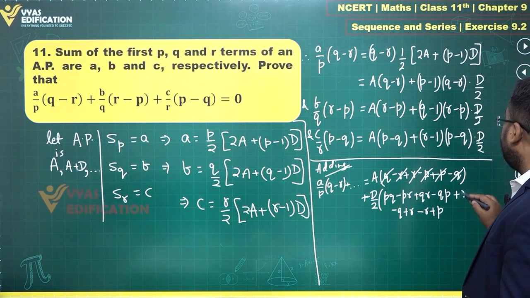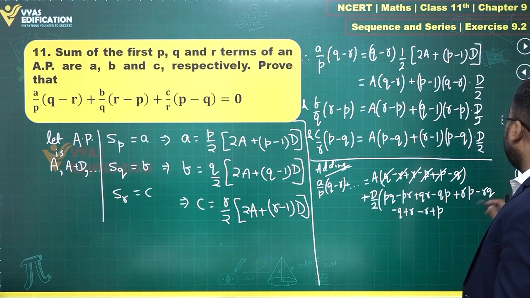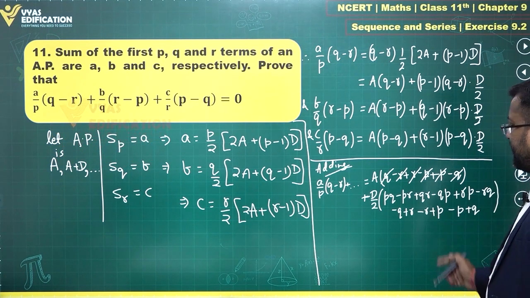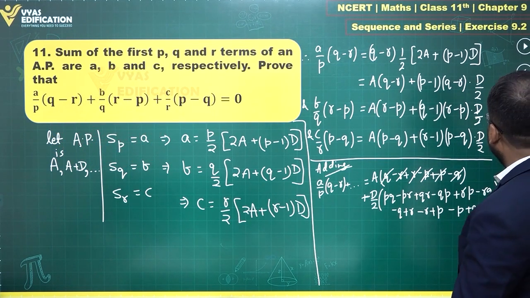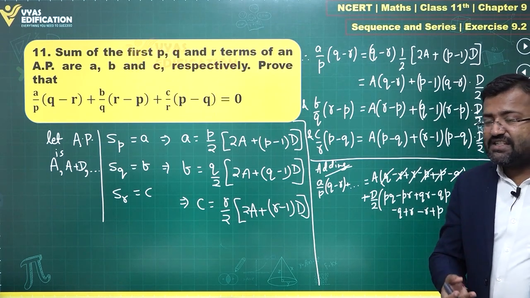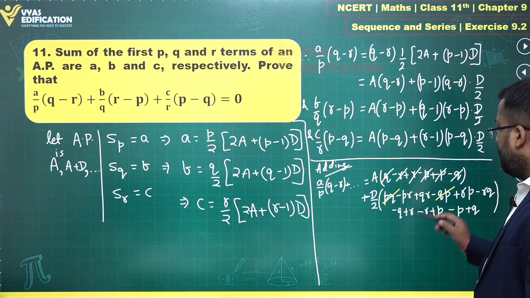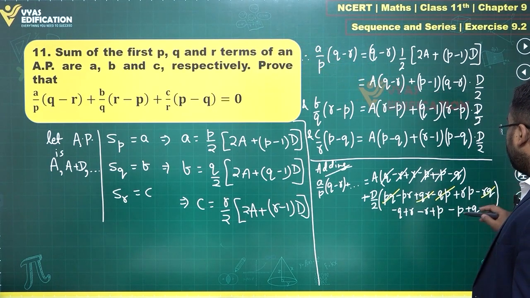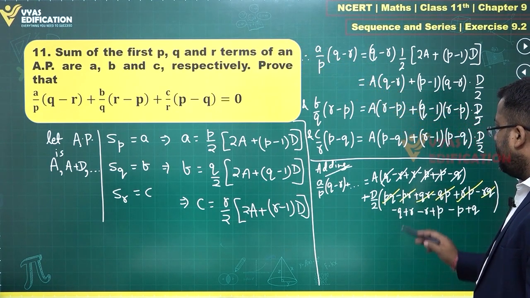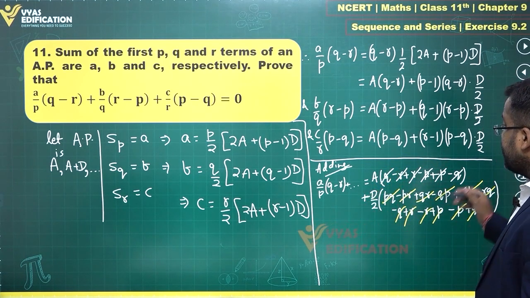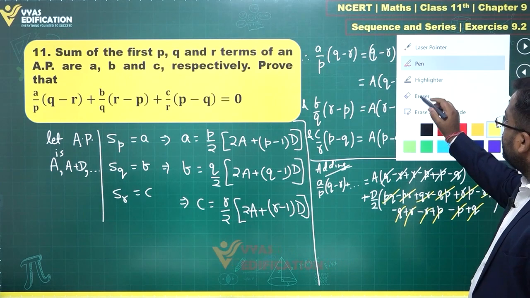Then you have plus RP minus RQ and minus P plus Q. There will be 4 terms. I have written them in this manner so that you can easily see them getting cancelled. PQ minus PQ, QR minus QR, PR, PR, Q, Q, P, P, R, R. Everything gets cancelled.